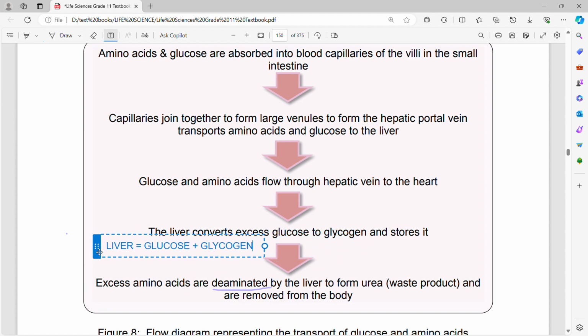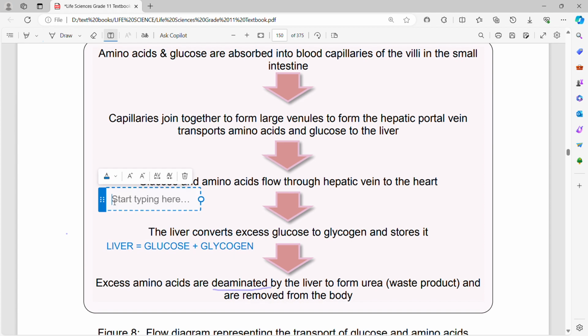This will summarize this step. Then glucose plus amino acid go by the hepatic portal vein, HPV, to your heart.